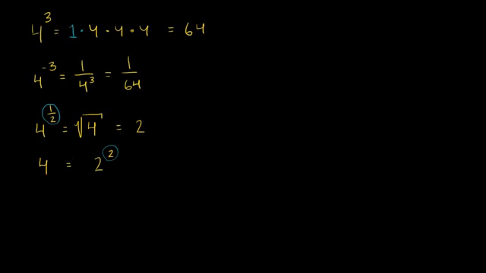So let's get a couple more examples of this, just so you make sure you get what's going on. And I encourage you to pause it as much as necessary and try to figure it out yourself. So based on what I just told you, what do you think 9 to the 1/2 power is going to be? Well, that's just the square root of 9, the principal root of 9. That's just going to be equal to 3.